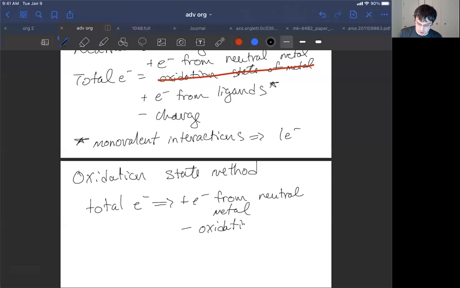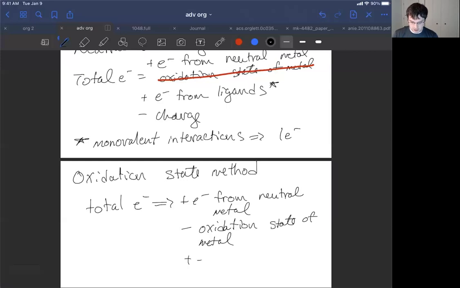This was something that we ignored previously, but after last lecture, we've recognized how to identify it. For example, if you have ligands that would otherwise be negatively charged on their own, we're balancing that negative charge with some positive charge in the metal center so that the overall complex has the charge that it's supposed to have, usually neutral. So we're now taking into account the oxidation state number, but that's getting subtracted.